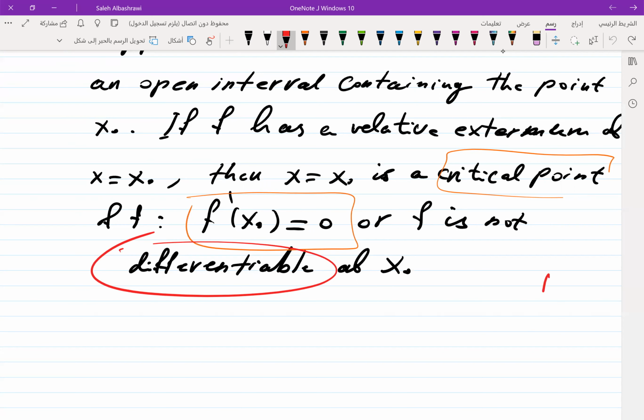It happens when we have a corner. For example, in the absolute value function, the vertex of the figure will be a relative minimum or relative maximum depending on whether the sign is positive or negative. But at that point, in the vertex, the function is not differentiable because you have a corner.